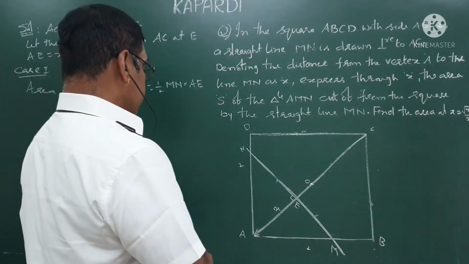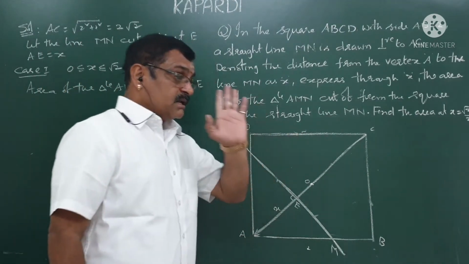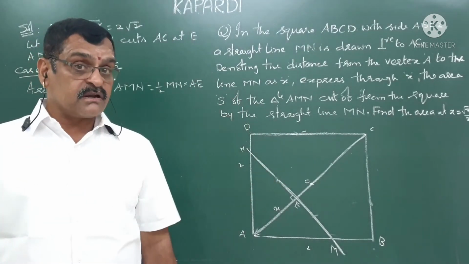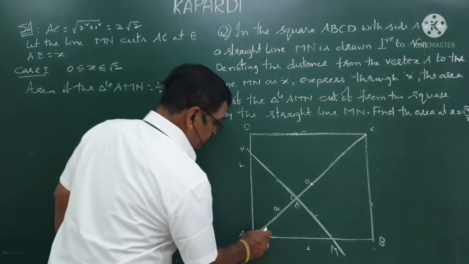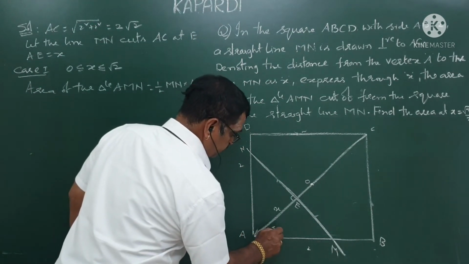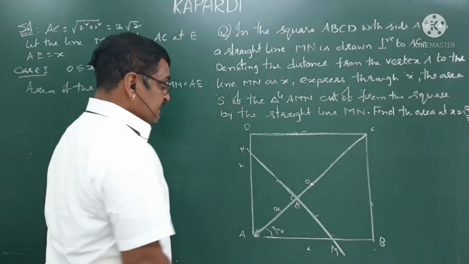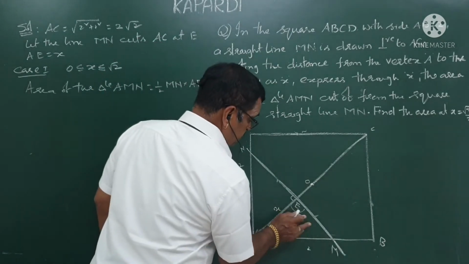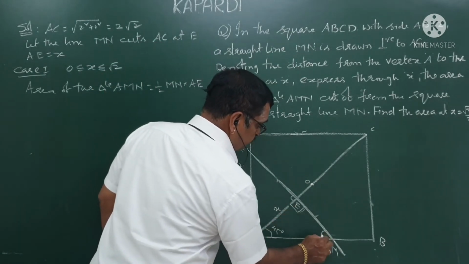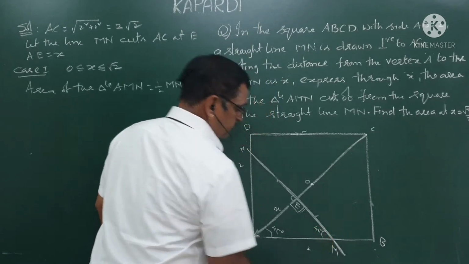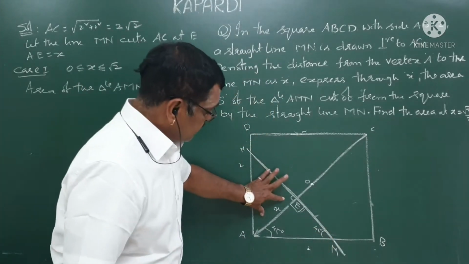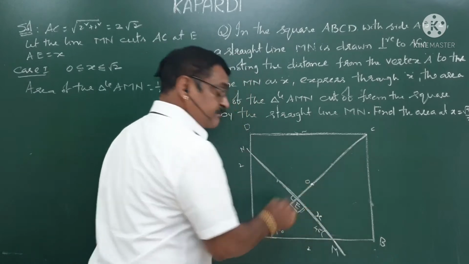Now, you know very well, in the square the diagonal is an angular bisector of the vertex. So this angle is equal to 45 degrees. Since this is equal to 90 degrees, of course, this is also 45 degrees. That means this length x and this length x are the same.